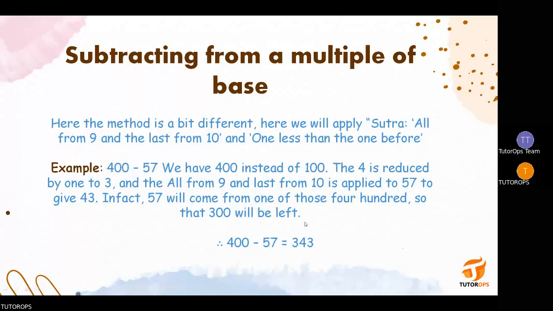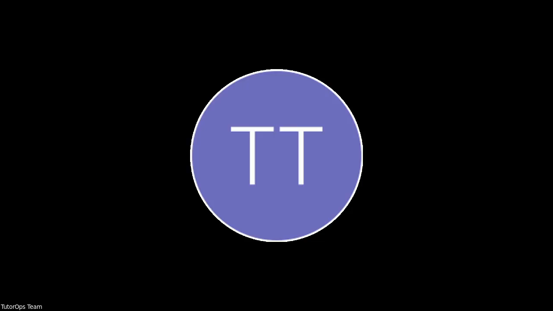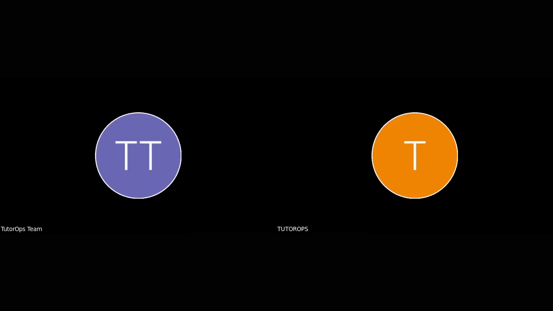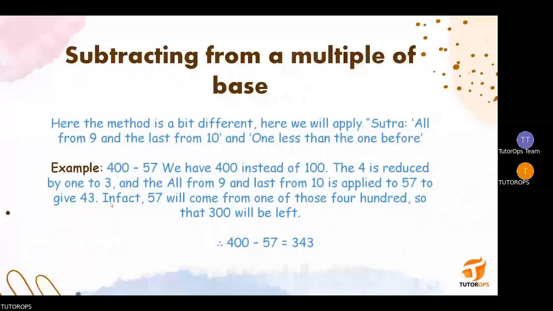So if we consider 400 as 300 plus 100, for our better understanding, then also 100 minus 57 is 43, and the 300 is laterally added. But in this method, we don't need to add it laterally. We are just using the method of all from 9 and the last from 10. Okay.